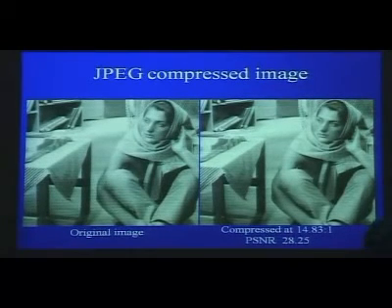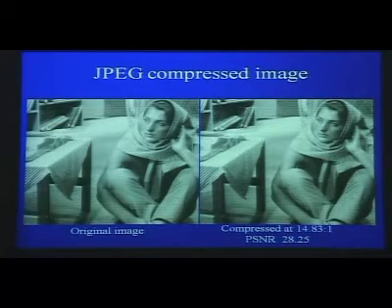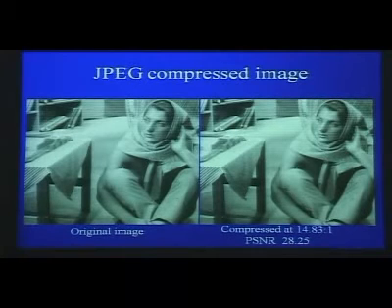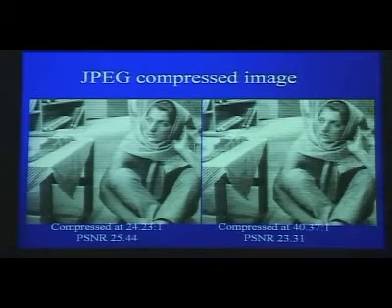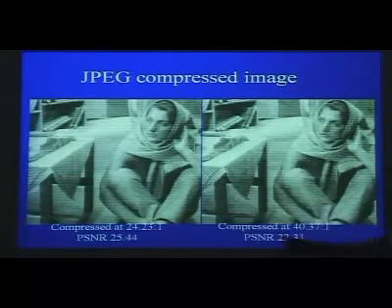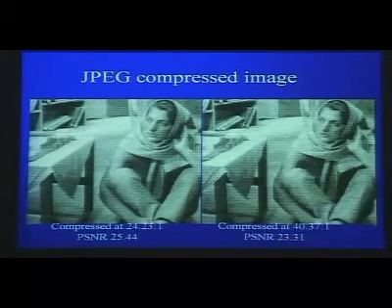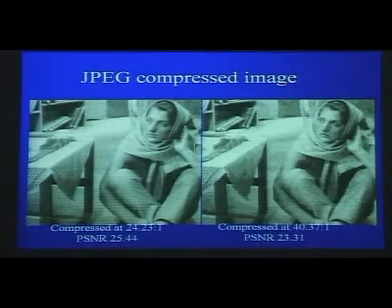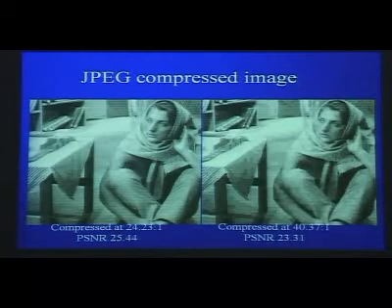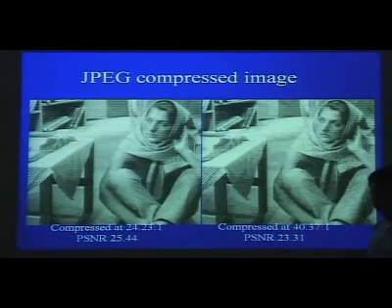Also, a big image is easier to compress than a small image in general. This is 25 to 1 and 40 to 1. It looks pretty bad. Again, this reinforces the fact that JPEG is designed for 8 to 1. You shouldn't use it at 20 or 40.